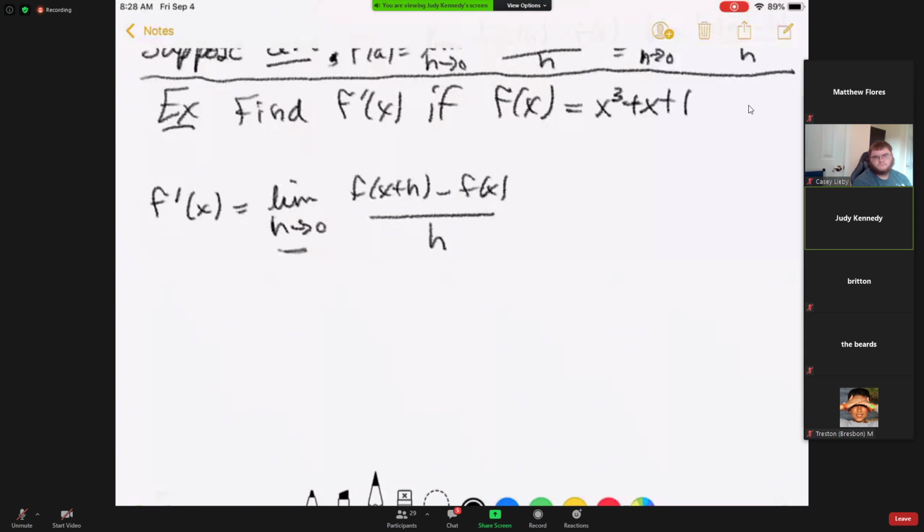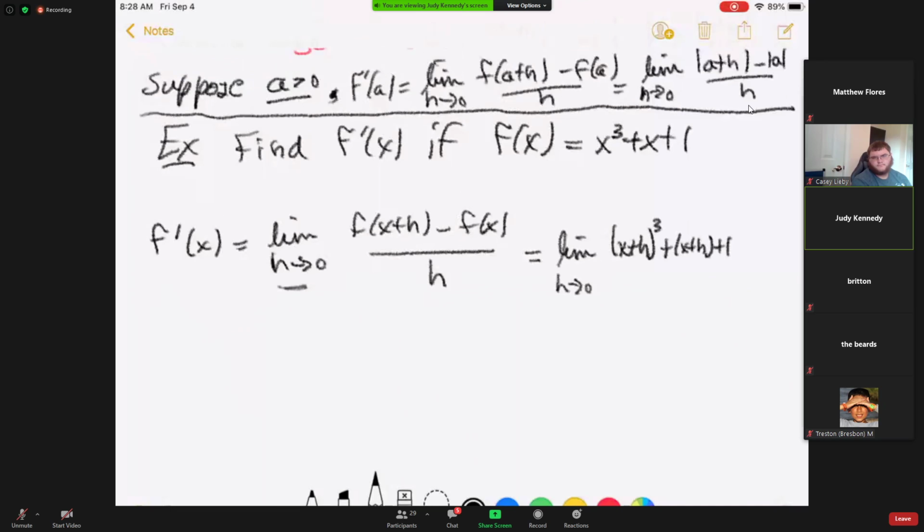So let's put in our function. x plus h means all the x's get replaced by x plus h. That's f of x plus h.